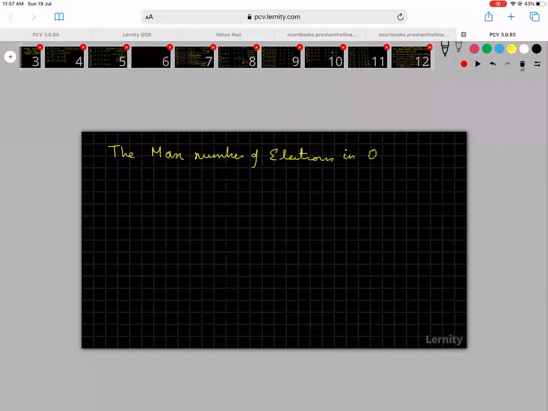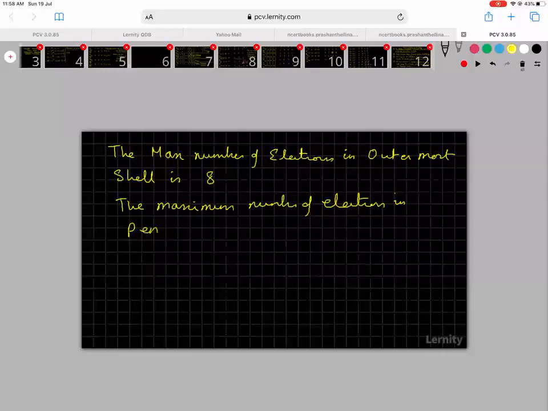Then the maximum number of electrons in the outermost shell is 8. The maximum number of electrons in the penultimate shell is 18. Pen means last but one.